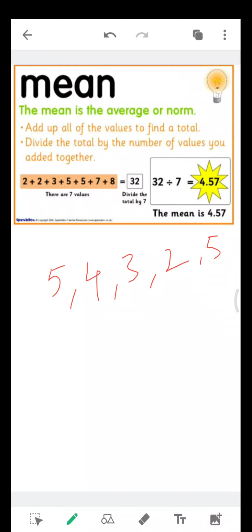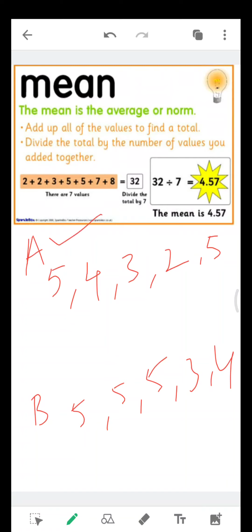Suppose this is section A, then I'll take the marks of 5 students of section B also. So here I'll take 5, 5, 5, 3 and 4. By finding the average marks of these two, we can say which class performance is better, which class has performed well in the assessment.